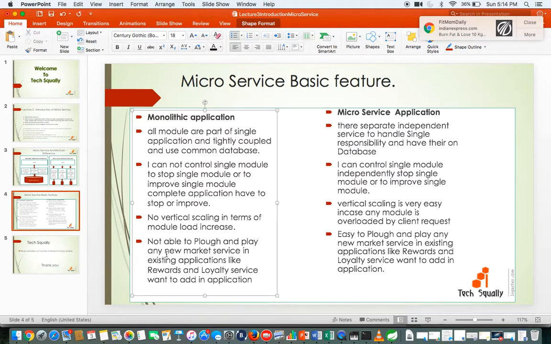But if my application architecture is microservice based, I can easily make another microservice which can be integrated with the loyalty management service, and I can plug and play it into my application. So these are the basic 4 features of microservice architecture.